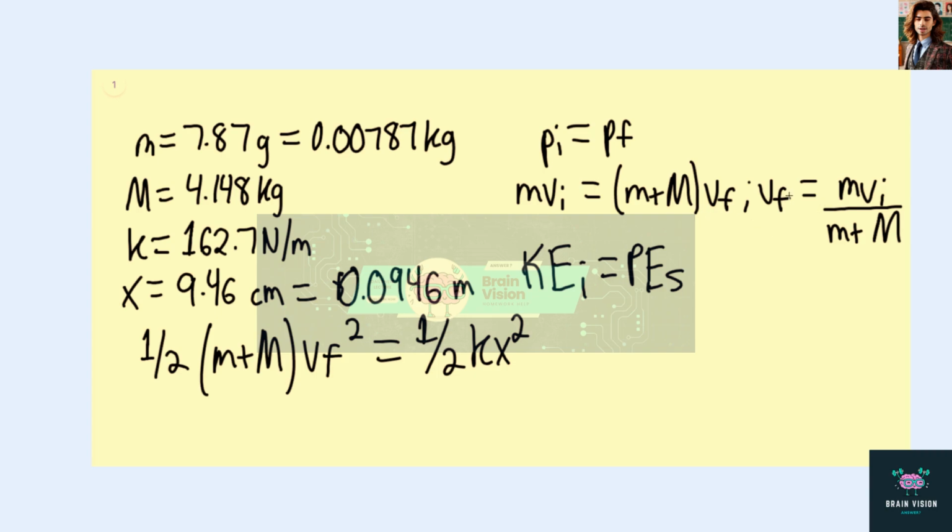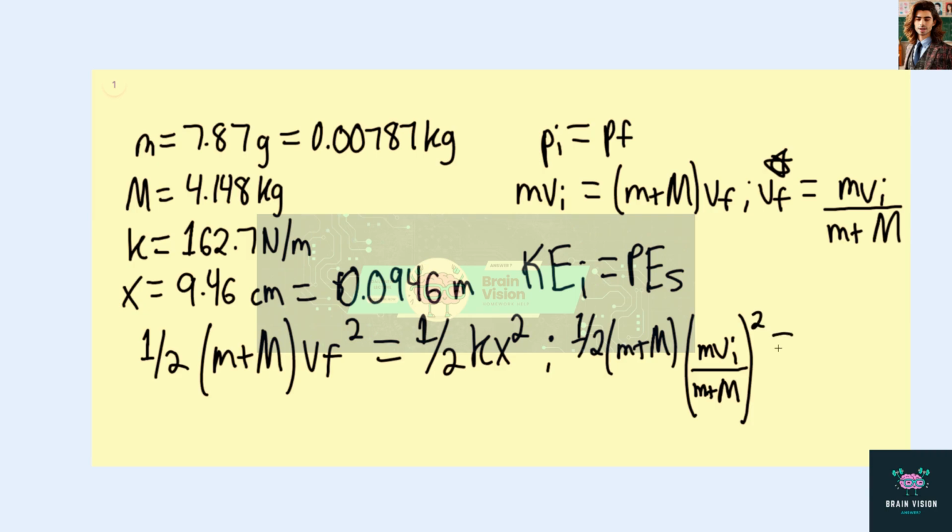First we should probably substitute this v final into here, so we can say this is going to equal 1/2 (m plus M) times (m v initial divided by m plus M) squared equals 1/2 k x squared.